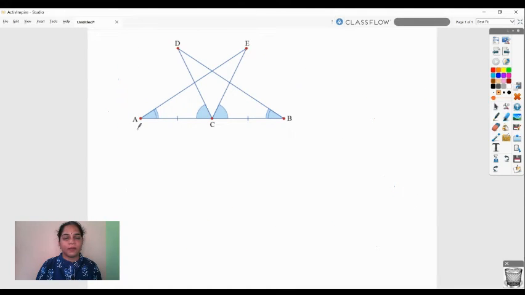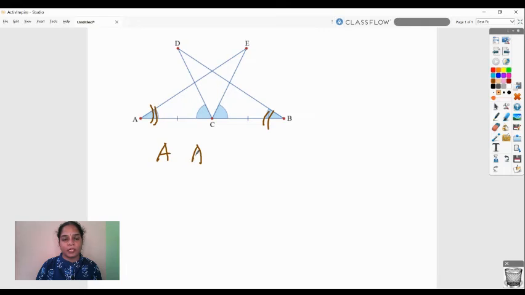The next thing, let's take one last complex problem and figure out whether we can find out the congruency of that. Just by looking at the figure, what are we seeing? We are seeing one angle equality, another angle equality. Here, if you see, this angle is equal to this angle.